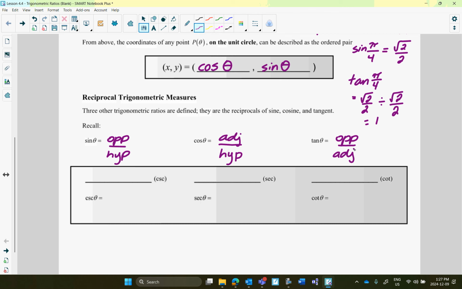When you flip sine, so instead of opposite over hypotenuse, it's hypotenuse over opposite. You get a new trig ratio, shorthand CSC, which stands for cosecant.